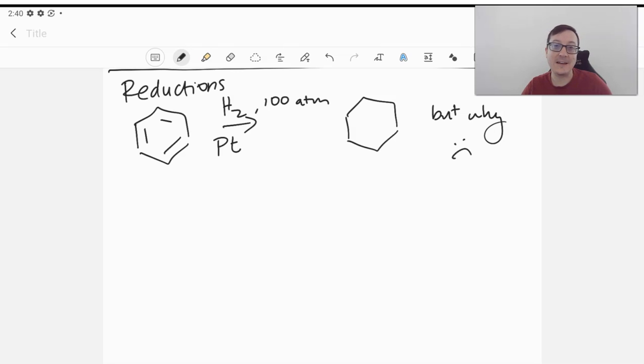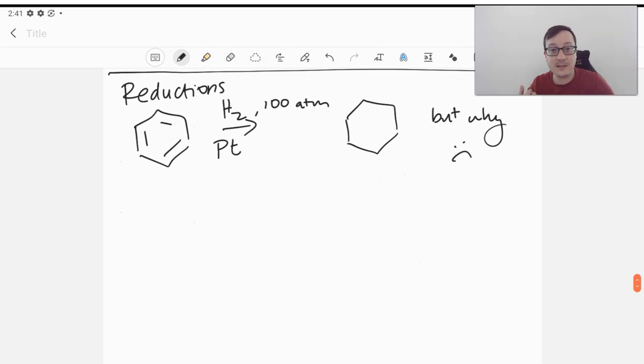Of course, again, this is really just something more theoretical. It's not very often done. It is not often that you want to remove the reactivity of a portion of your molecule, but you can. It should be noted that with certain catalysts, you can reduce other groups in the presence of a benzene, but they're not terribly useful, because reductions tend to be removing at least one of multiple bonds.